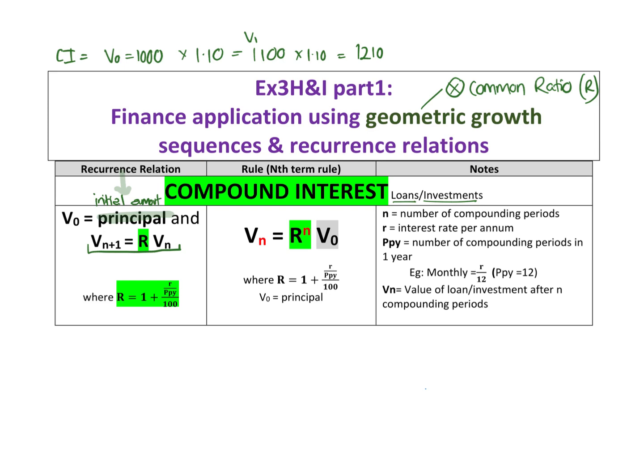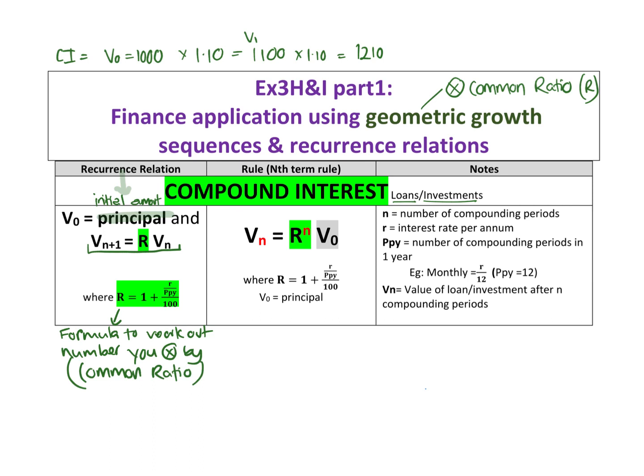That R is the formula to work out the number you multiply by, which is what we call the common ratio. Okay?